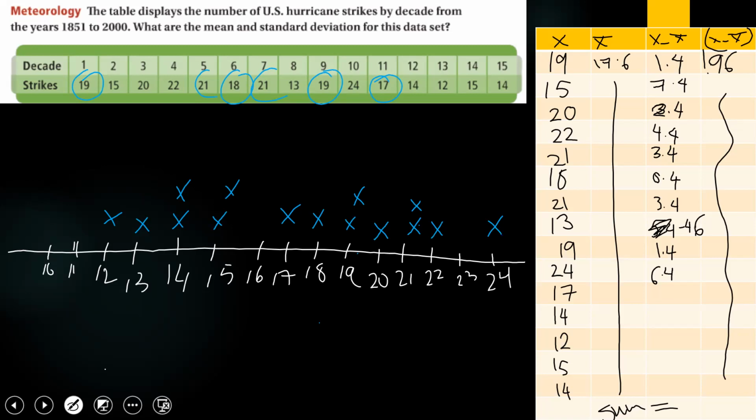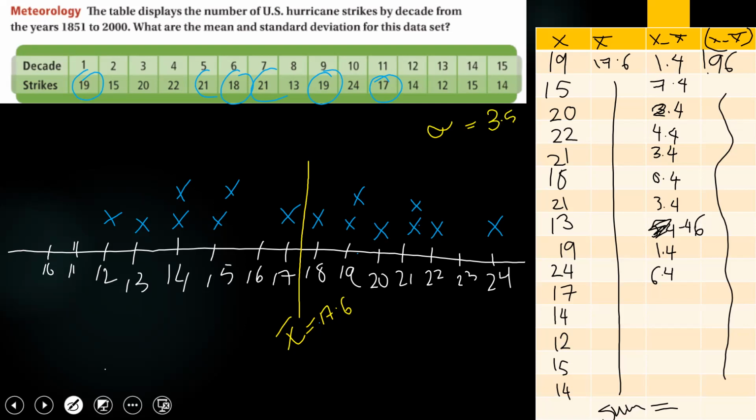It was 17.6. So at 17.6, approximately here, we have the X bar. Now, we said that after we solved it, we found that the sigma, or the standard deviation, was 3.5.